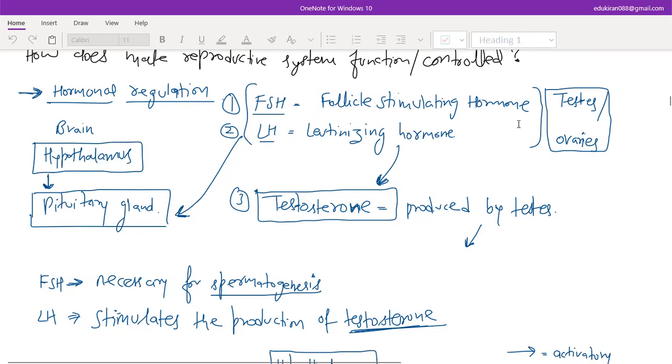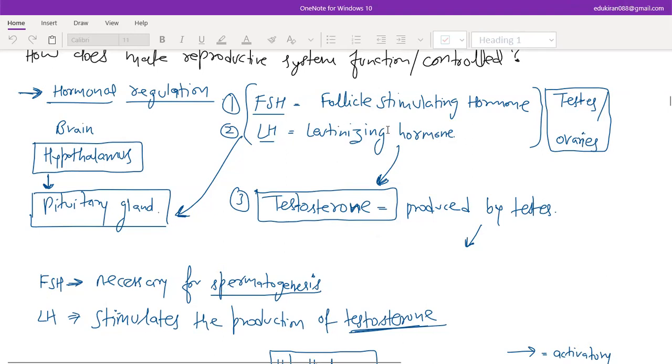FSH is called follicle stimulating hormone and LH is called luteinizing hormone. These two hormones go and act on the target sites, testes and ovaries. In males, they go on testes, and in females, the target site is ovaries. Is it clear to you?